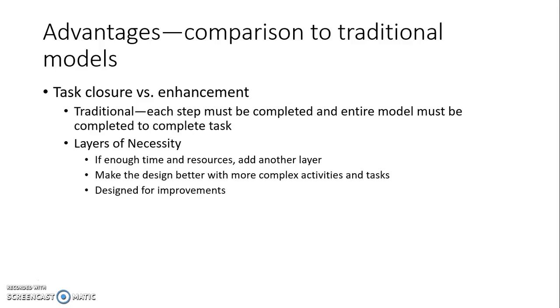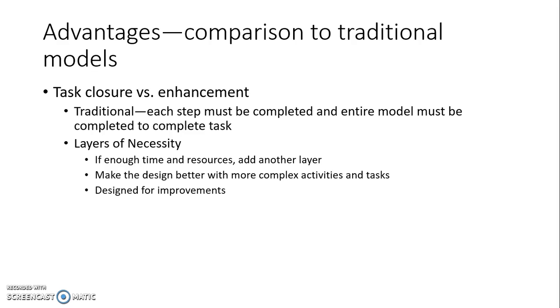So Tessman and Wedman's model does have some advantages, and I'm going to start first by comparing it to traditional models. In traditional models, each step must be completed, and the entire model must be completed in order to complete the entire design task.